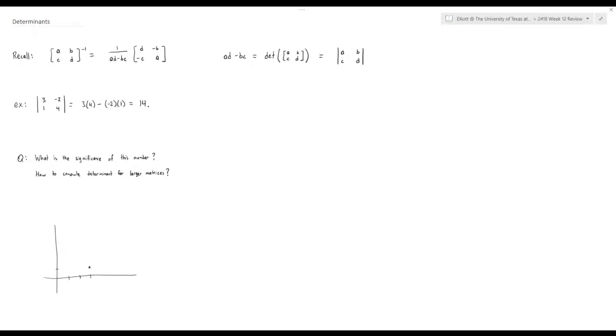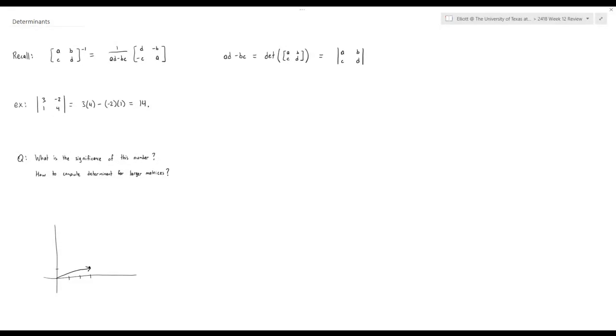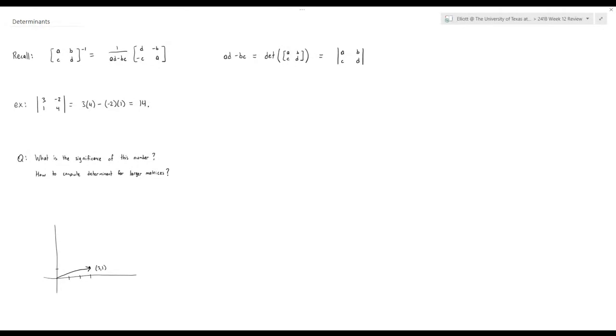It's going to look something like that. That's vector 3, 1. And then in the second column, we've got another vector, negative 2, 4. Let me draw that vector in this picture as well. So that's negative 2, and that's 4.